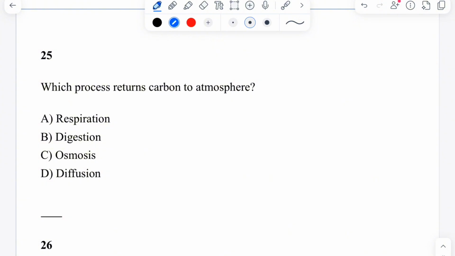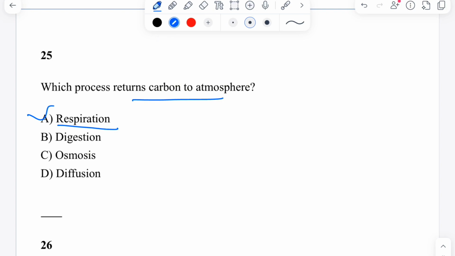Which process returns carbon to the atmosphere? A. Respiration, B. Digestion, C. Osmosis, D. Diffusion.